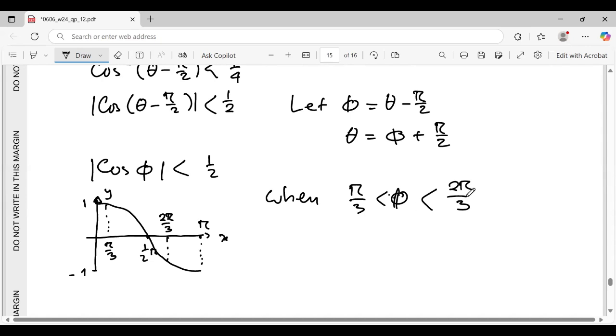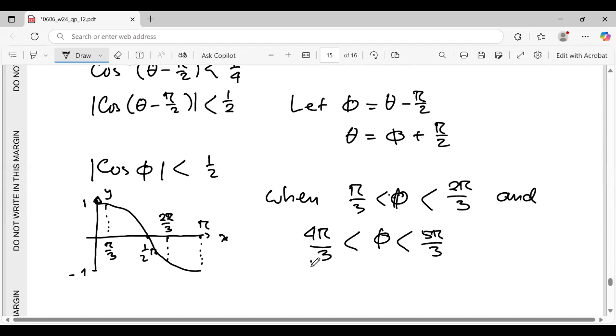Actually, also for phi greater than 4 pi third and less than 5 pi third.